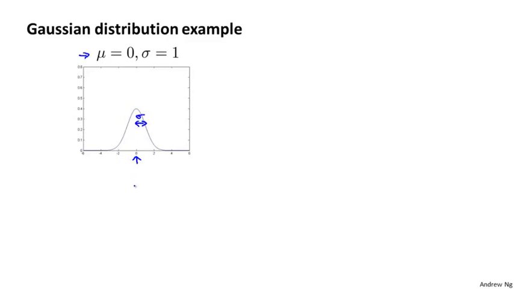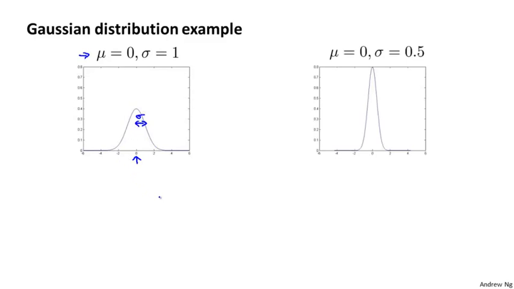Here's another example. Let's say mu is equal to 0 and sigma is equal to 1/2. So the standard deviation is 1/2, and the variance sigma squared would therefore be the square of 0.5, which is 0.25. And in that case, the Gaussian probability density looks like this.